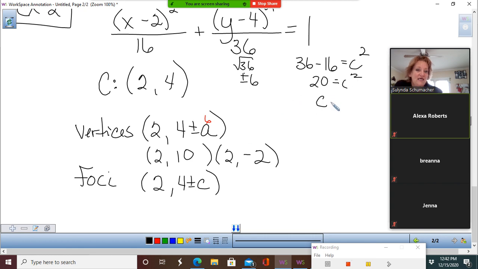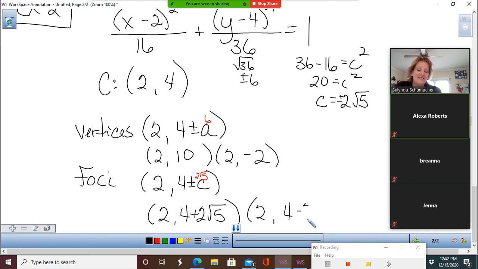So c equals, if I square root 20, I get 2 root 5. That's plus and minus 2 root 5. So in this case, my c is 2 root 5. So I get (2, 4 plus 2 root 5) and (2, 4 minus 2 root 5).